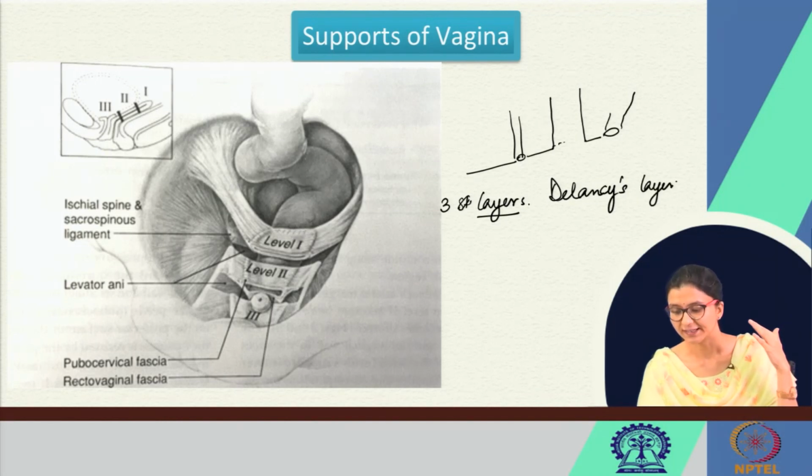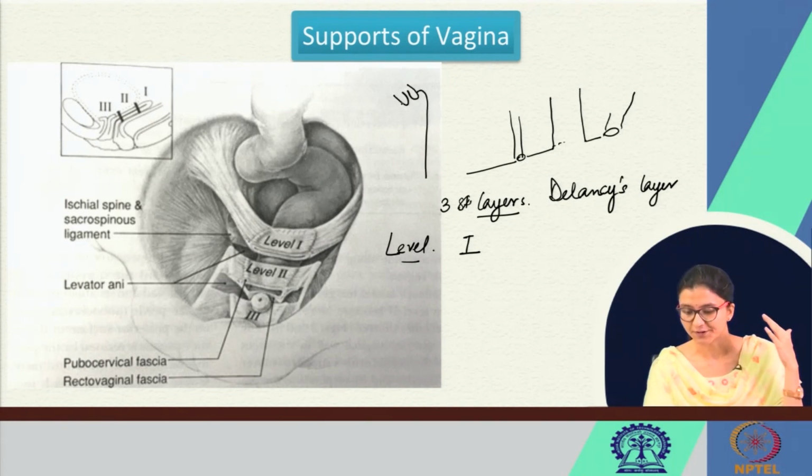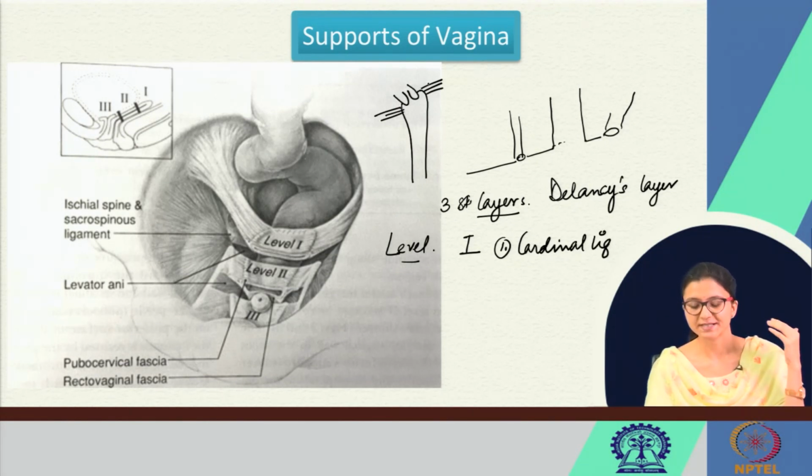What are they? Level 1. What is it? It is the apex of vagina. Apex of vagina is supported by, number 1, the cardinal ligament or the Mackenrodt's ligament, which is present on both sides, and behind.